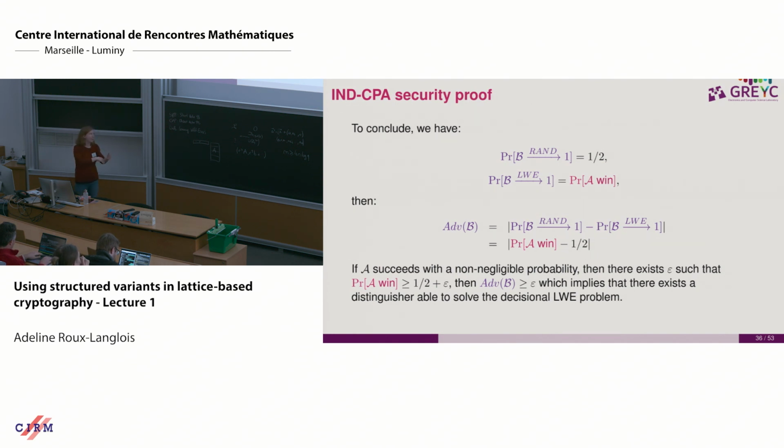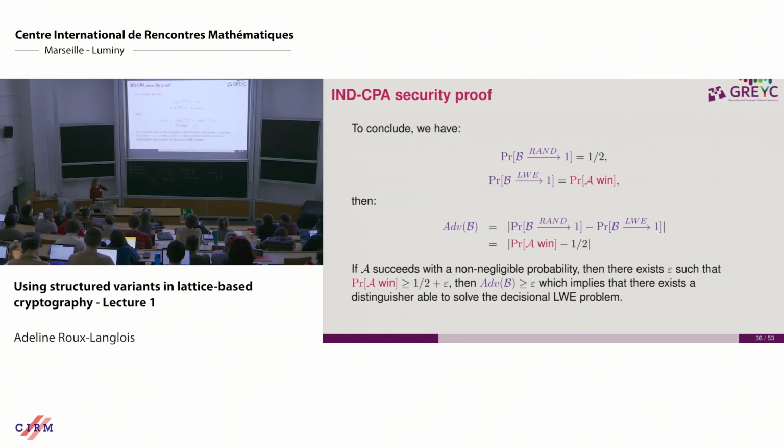What I explained from the beginning is that LWE is a hard problem because you can show it is at least as hard as problems on lattices. So with those two proofs, the security of my scheme relies on the hardness of those hard lattice problems. That's why we call it lattice-based cryptography.